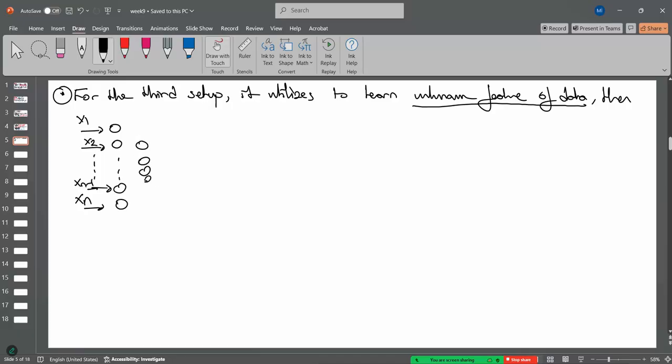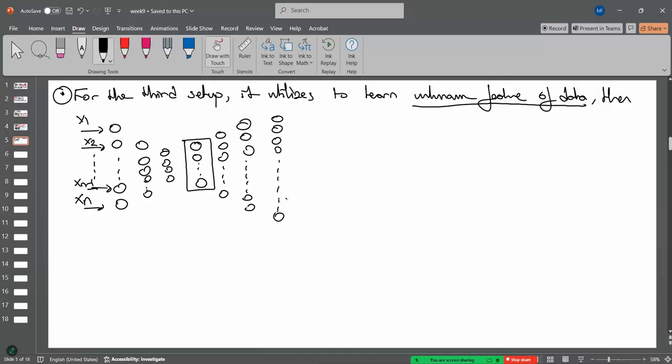After that we add the hidden layers just like this one, and after that we increase the number of the hidden layers in here, and after that we want to output x1 hat, x2 hat, x3 hat, and also xn hat.